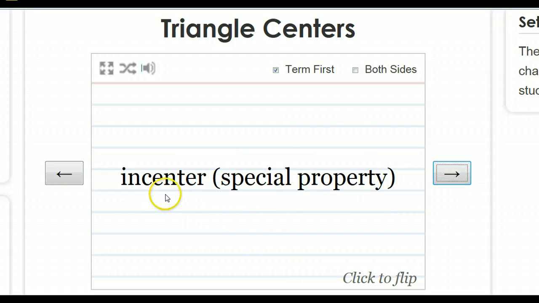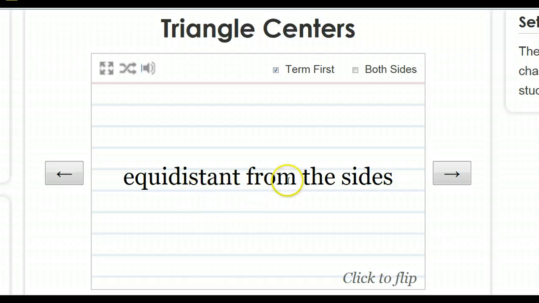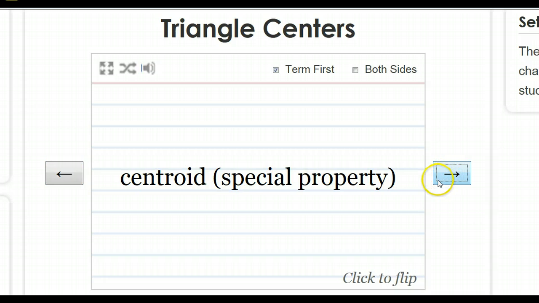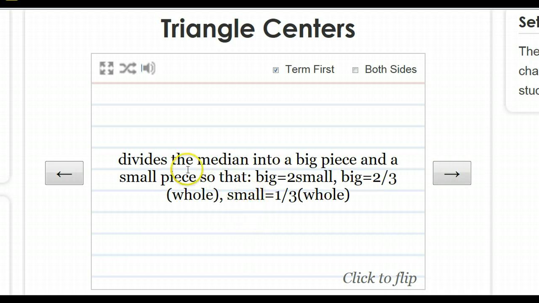What's the special property of the incenter? And this is the one that is equidistant from the sides of the triangle. Equally distant to the sides. What is the special property of the centroid? That's the one where we could divide it into 3 equal parts.